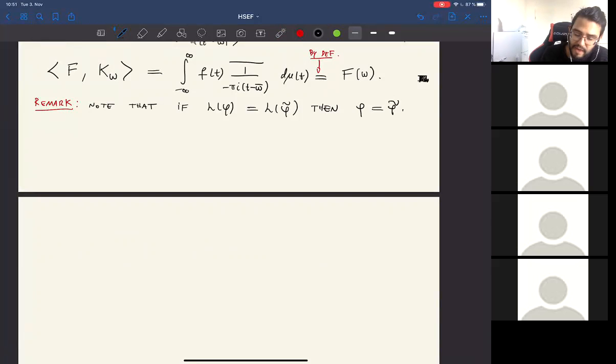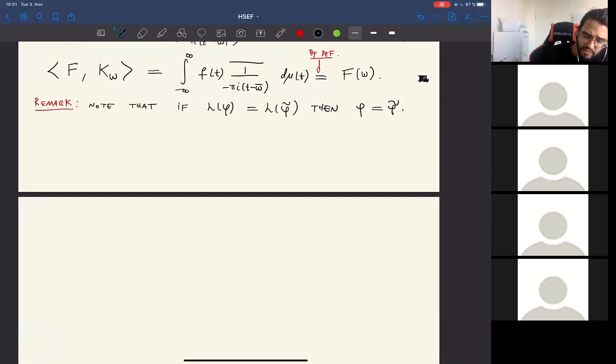That is to say, the measure that represents phi equals the measure that represents phi tilde. Okay, so let me show that. And it's actually really easy.